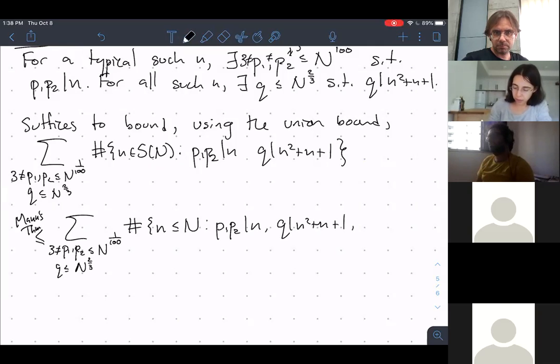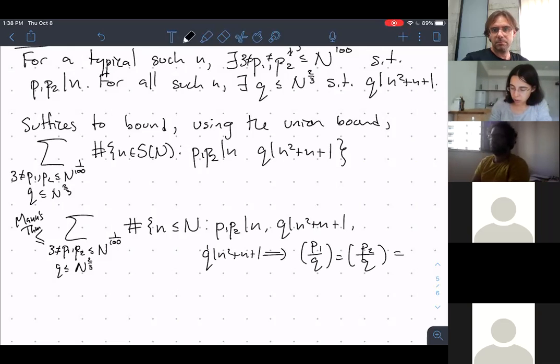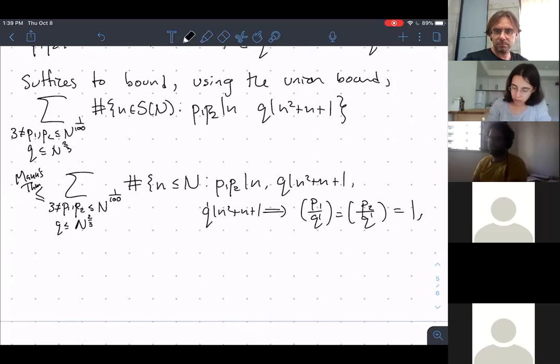And such that if q prime divides n squared plus n plus 1, then P1 and P2 must be quadratic residues mod q prime. And if P prime divides n, then P prime must be a quadratic residue modulo q.